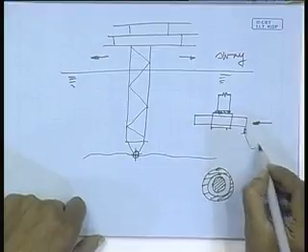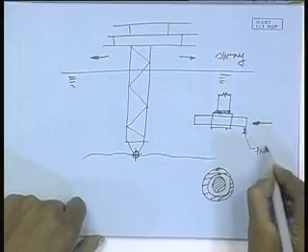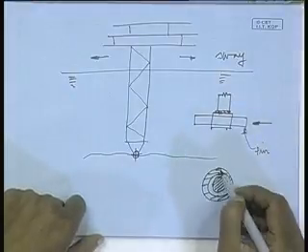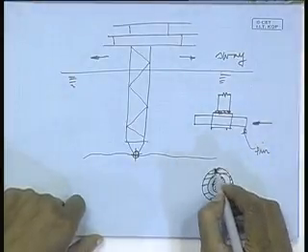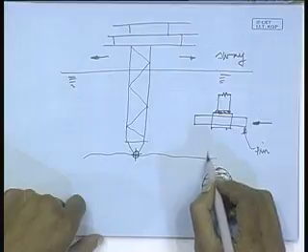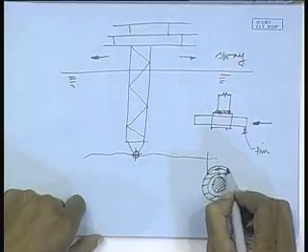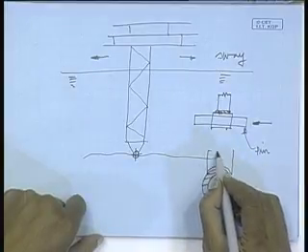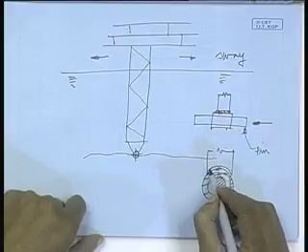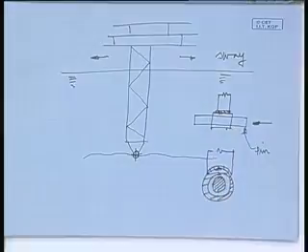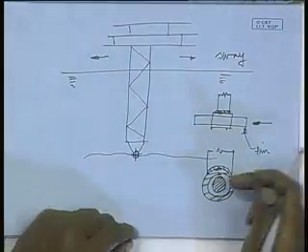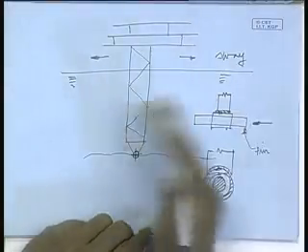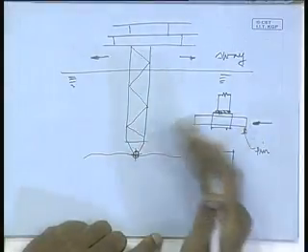This is my hinge pin. So to it I have connected, welded, the entire tower, say. This will be a huge one. So it is connected to this so that it can rotate about the pin.